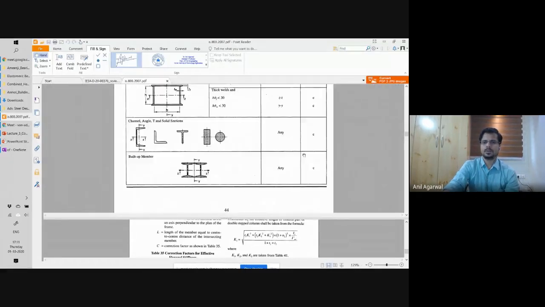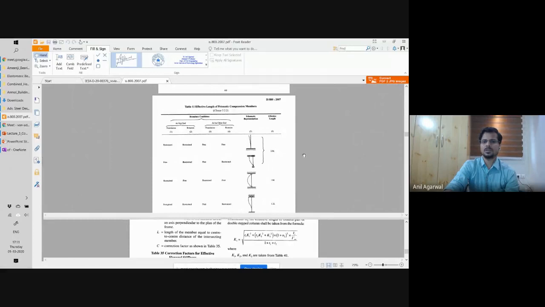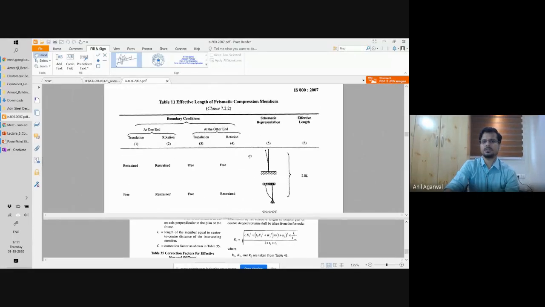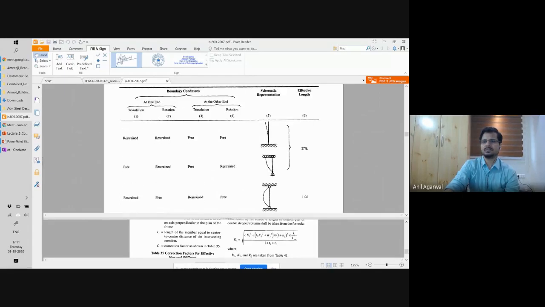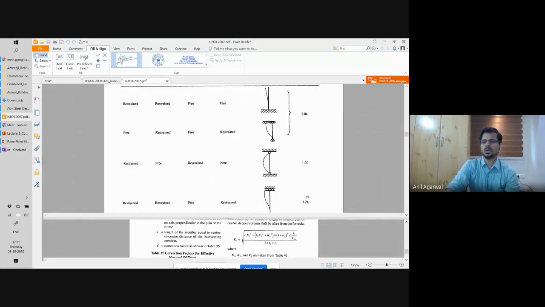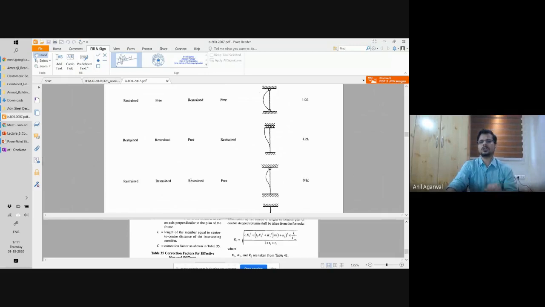This table gives you how to calculate the effective length of the member. So these effective length factors of 2, 1, 1.2, 0.8 and so on are given. The issue is that these kinds of boundary conditions can be okay for trusses maybe, but for typical buildings, these boundary conditions are not directly applicable.